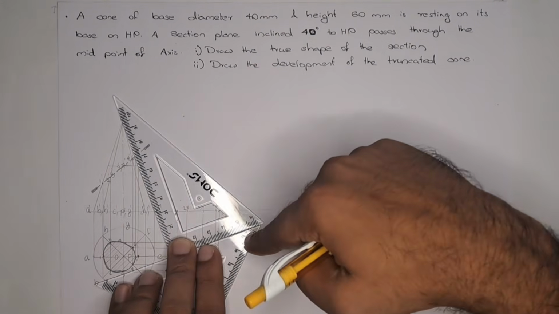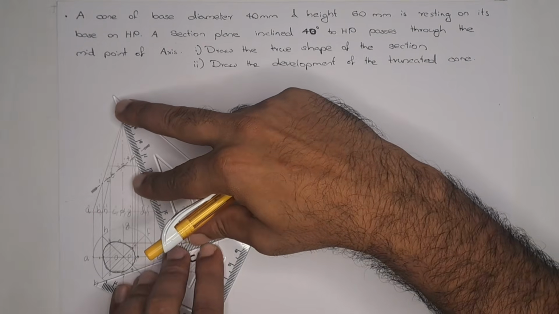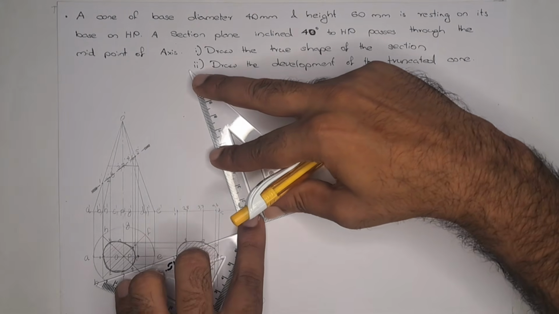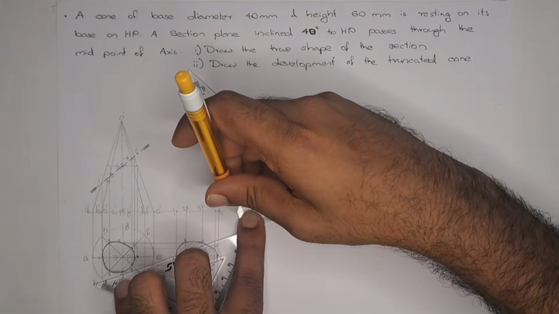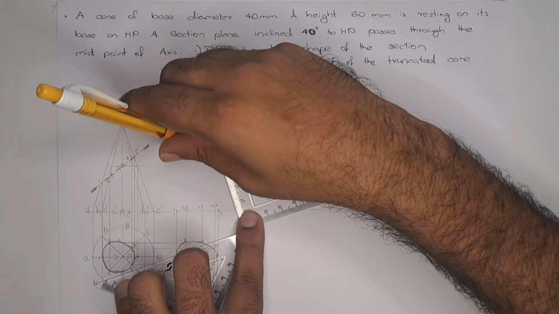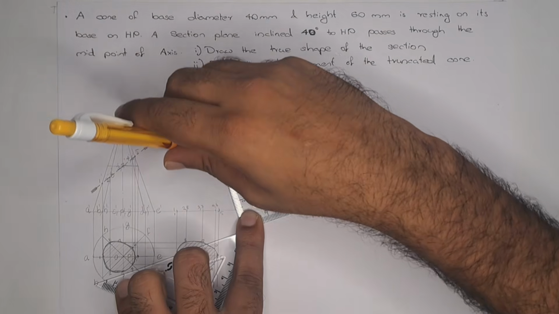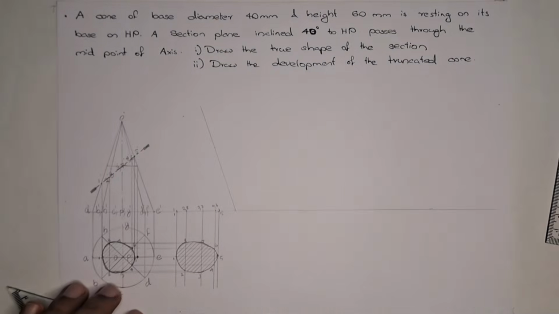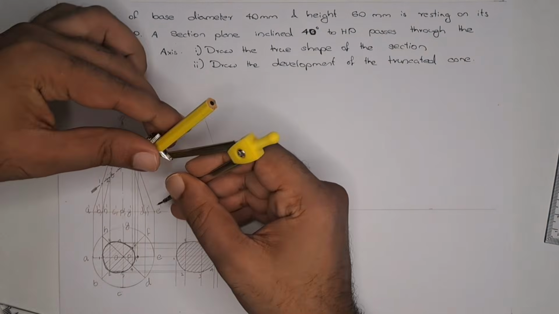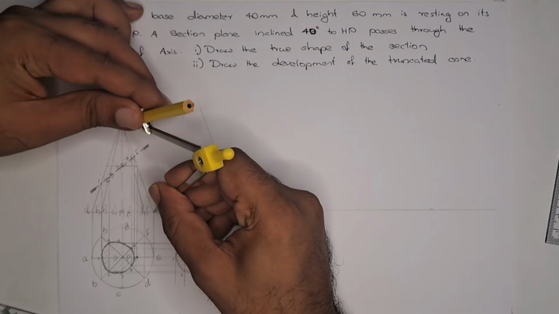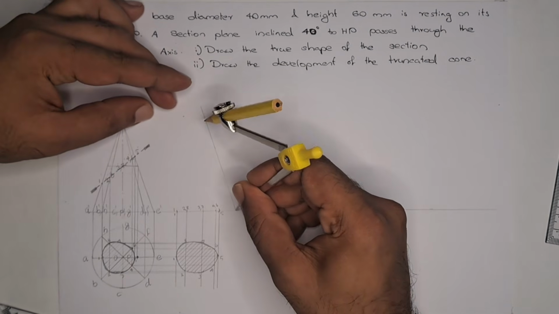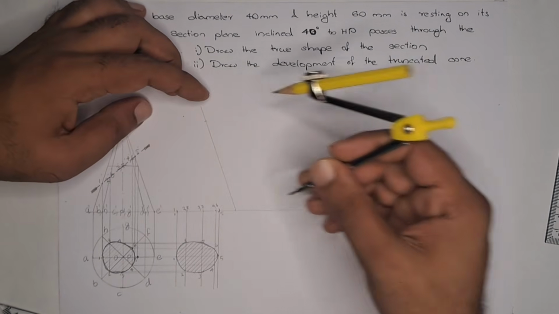The second one will act as a guide. So we draw the line. Now we have to mark this distance from here. So we get the distance over here.